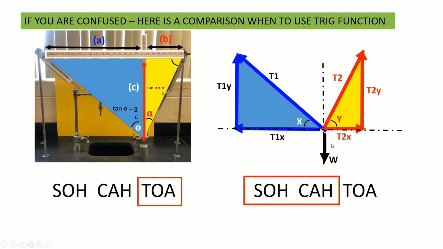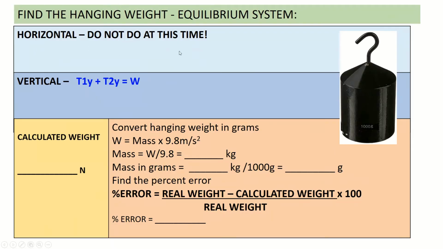When you break down the vectors into horizontal and vertical components, or X and Y, whatever you want to call them, you need to separate both groups. Since you want to know the weight, you are going to be working only in the vertical direction. So you are not going to do anything at the horizontal level.